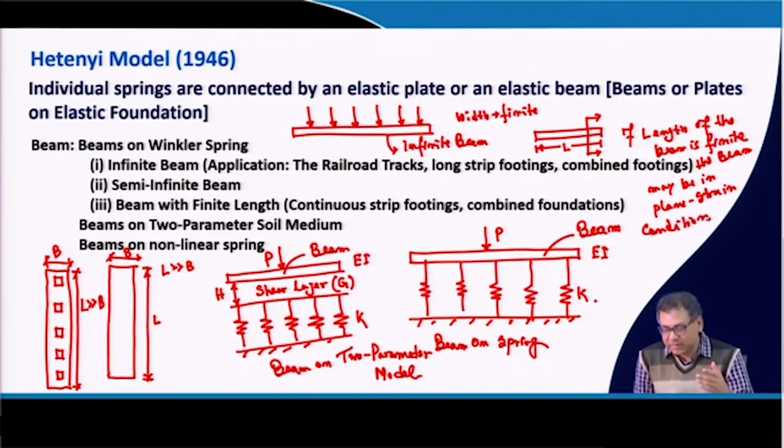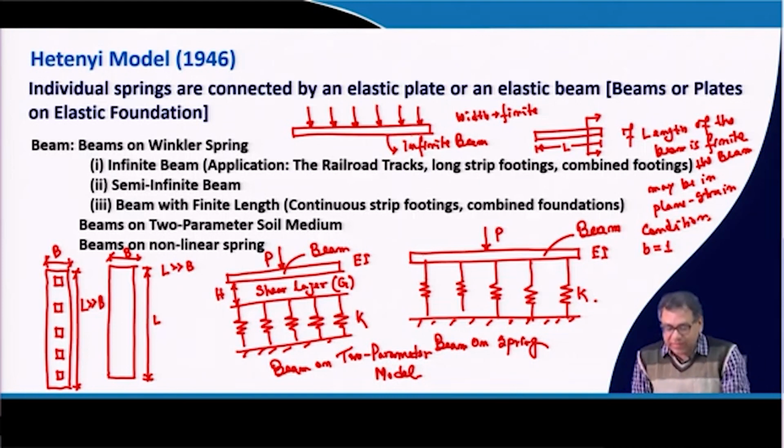Plane strain condition means the dimension of this beam along the perpendicular direction is very much longer than the length of the beam. In such case, this will be treated as a finite beam in plane strain condition, where the width of the beam will be taken as 1 or unit.